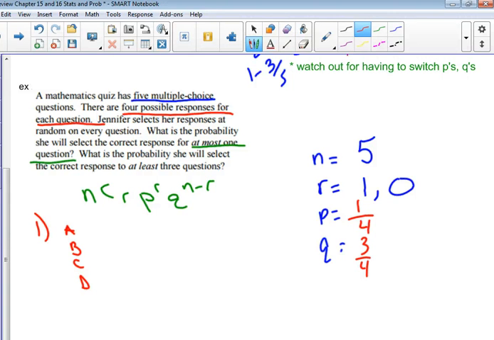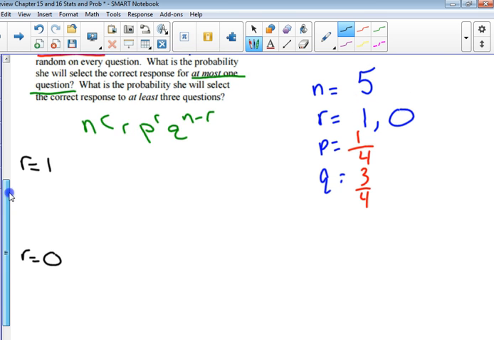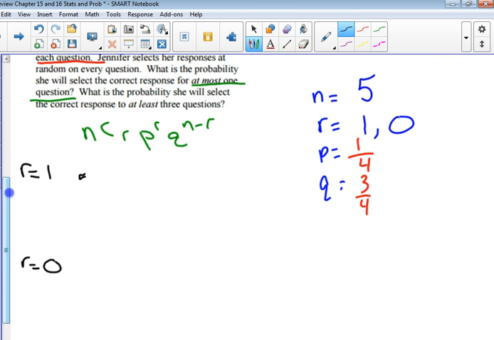Awesome. All right. So when you calculate this at most part, what we would have to do is come up with multiple r values. We want to calculate this when r is 1. We also want to do this when r is 0. So we're going to plug everything in. 5, 3, 1, 2, 1.